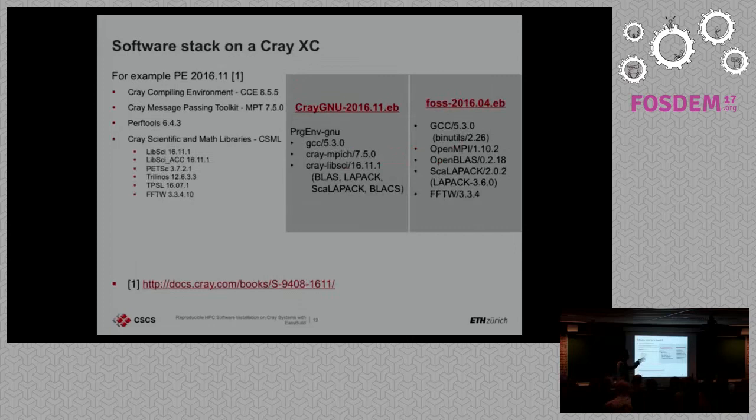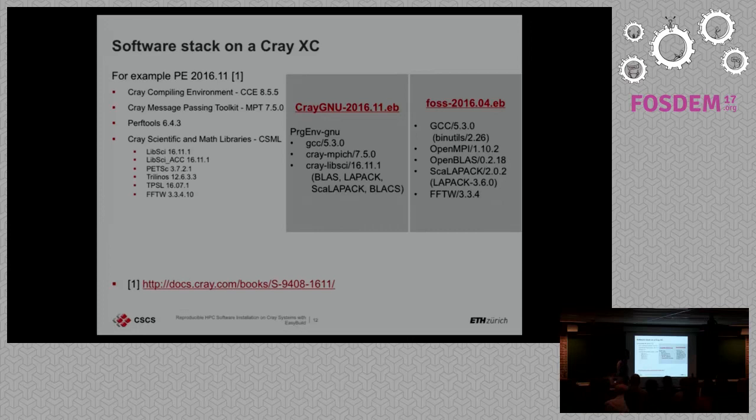Since it's provided by Cray, in this case we do want to reuse the existing software, because they have the optimized version of scientific libraries and also MPI that is optimized for the interconnect. So in the case of Cray, we do want to reuse these libraries, these compilers and so on.